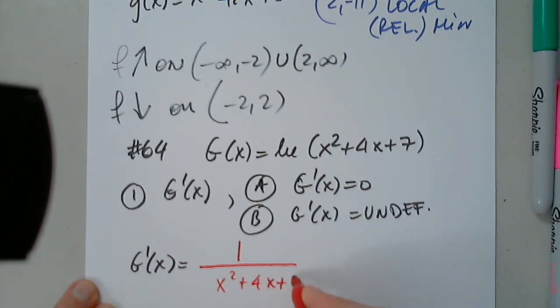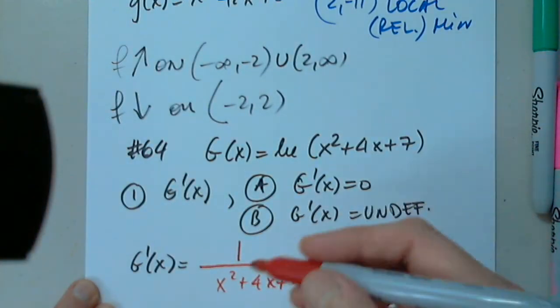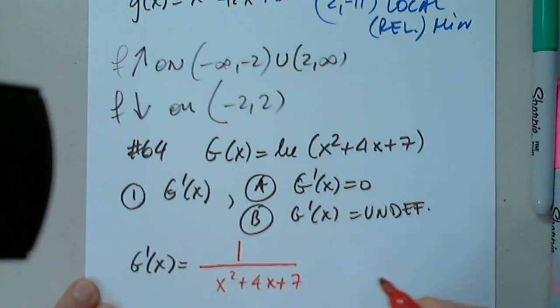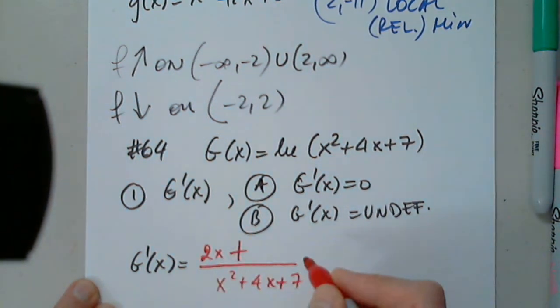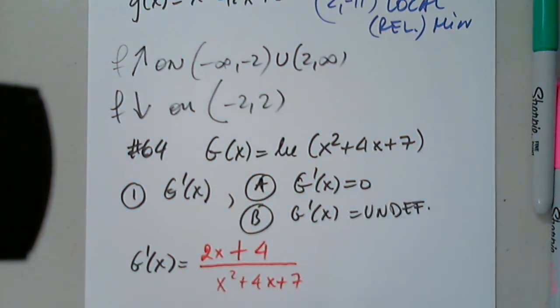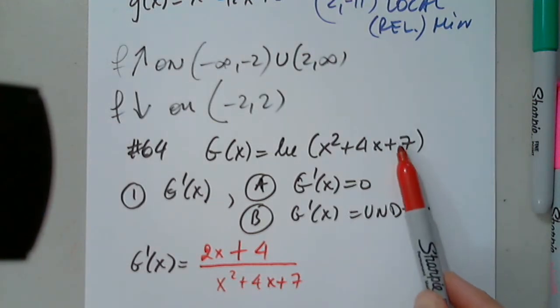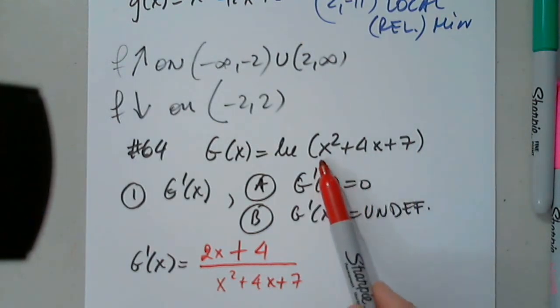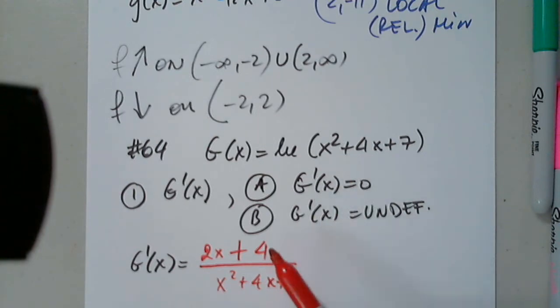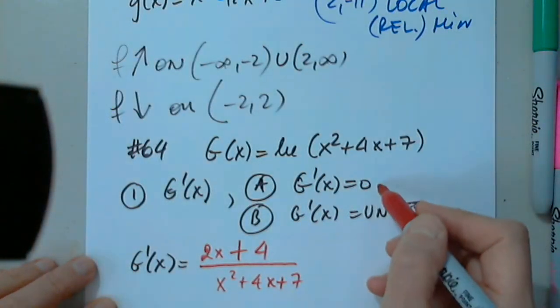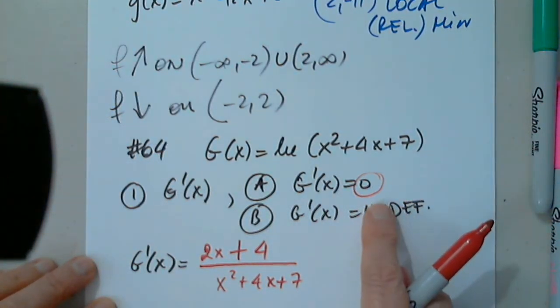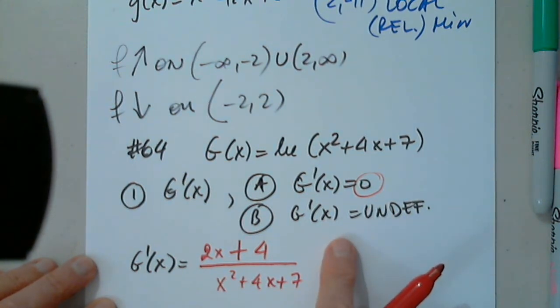Yes. So 1 over the function times the function prime. I agree with 2x plus 4 at the top. Awesome. So 1 over the function times the function prime, which is 2x plus 4. Good.